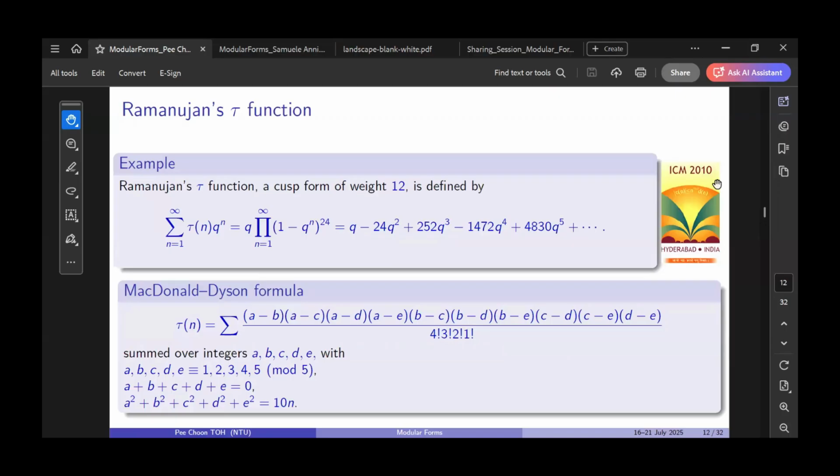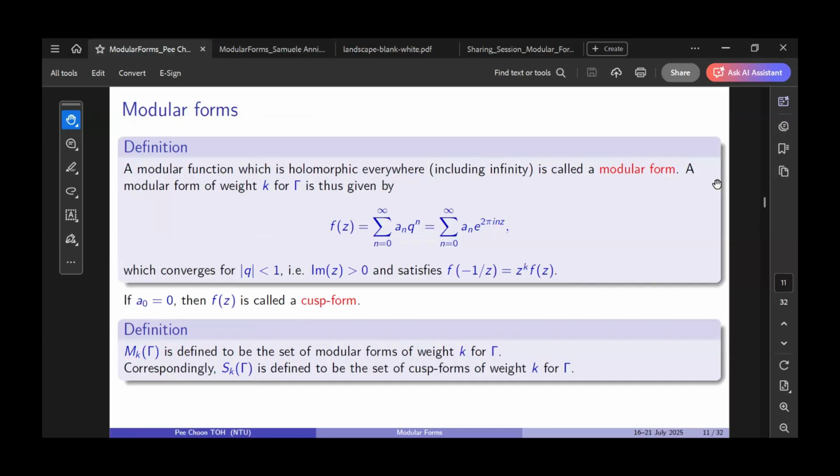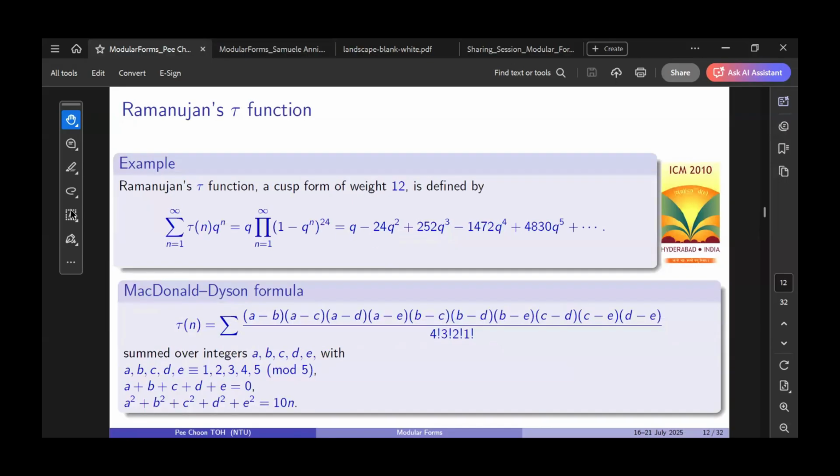So this is some example of modular function. This here is Ramanujan's tau function. This is a cusp form of weight 12 and is defined like this. Which is interesting because we actually have an explicit formula for tau(n), which was found by McDonald-Tyson. We call this the McDonald-Tyson formula.